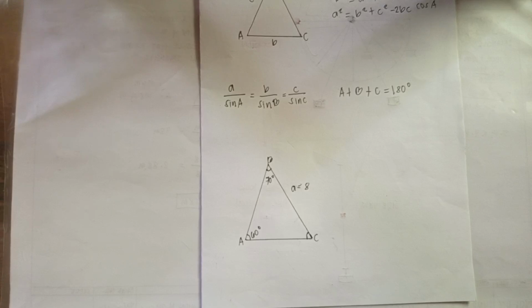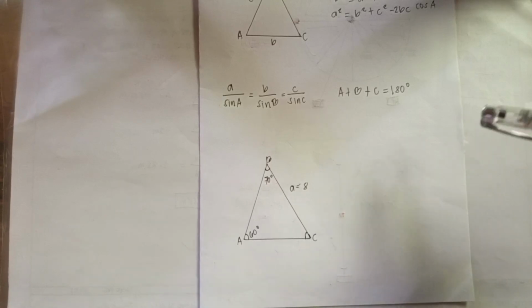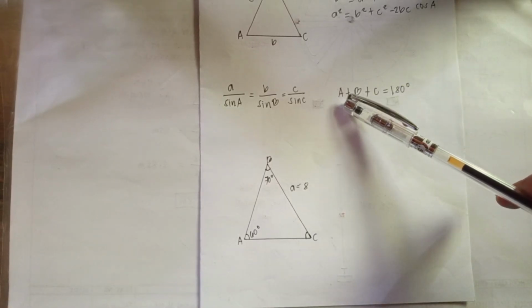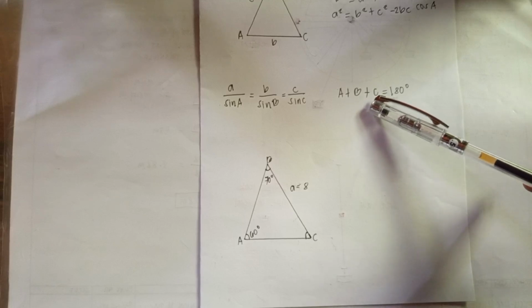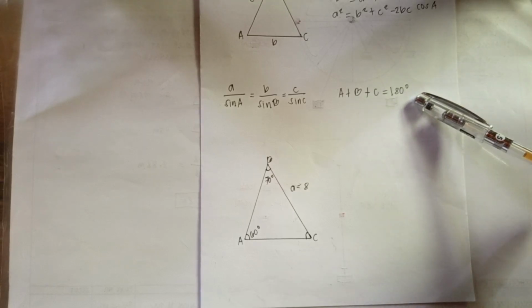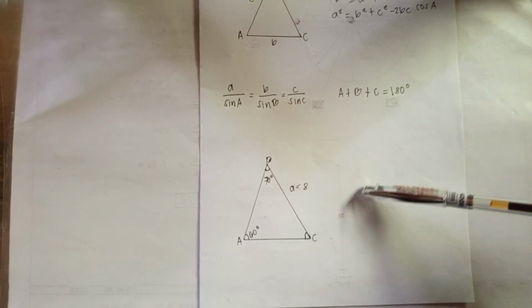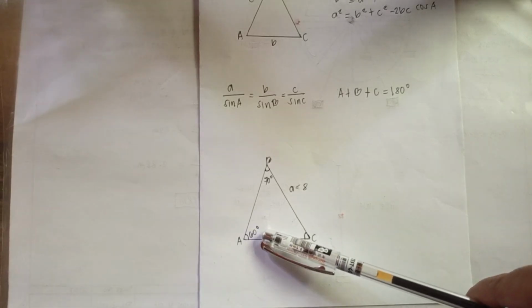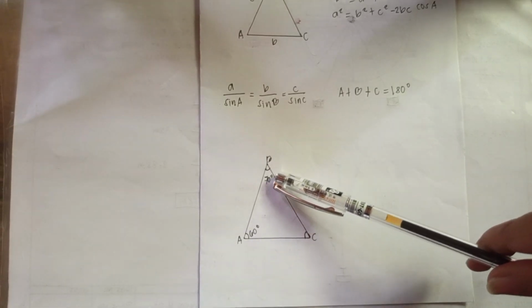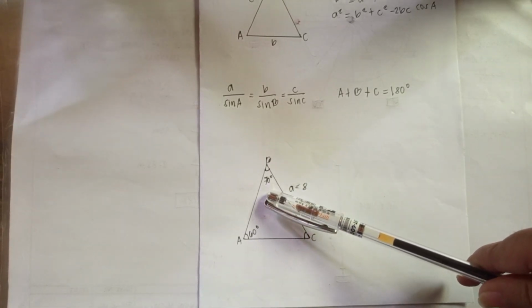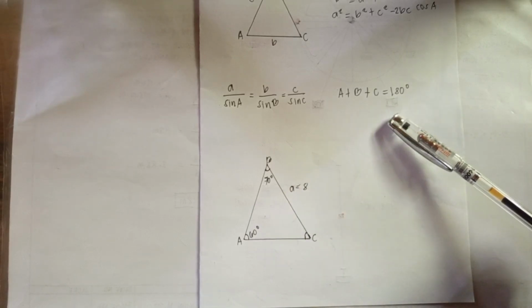To find the angle C, we know that A plus B plus C equals 180 degrees. So angle A is 60 degrees and angle B is 70 degrees, which equals 180.